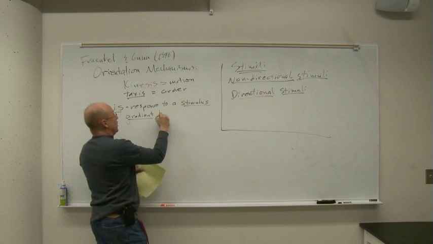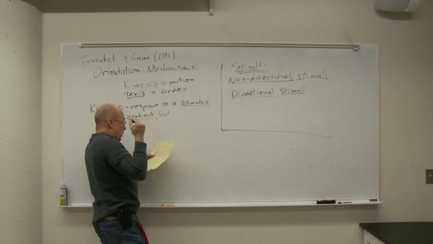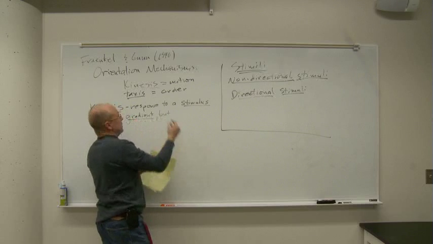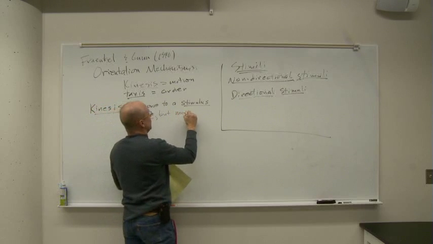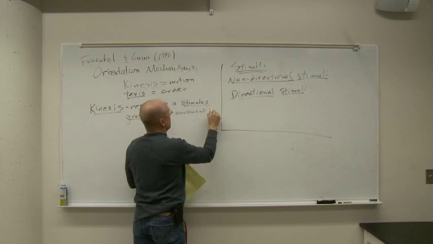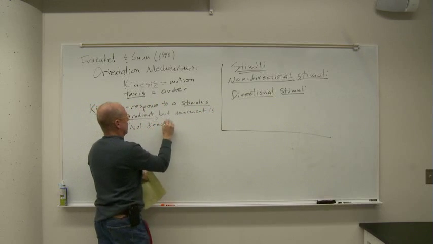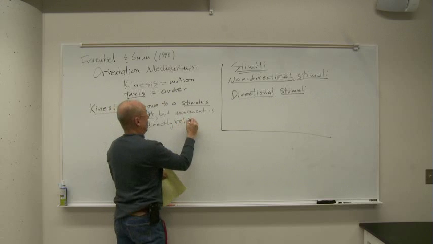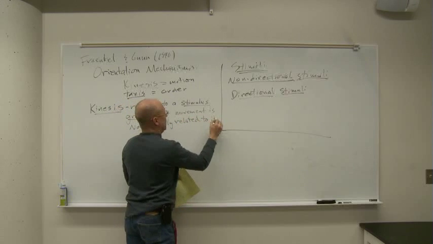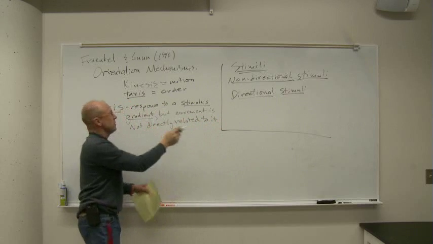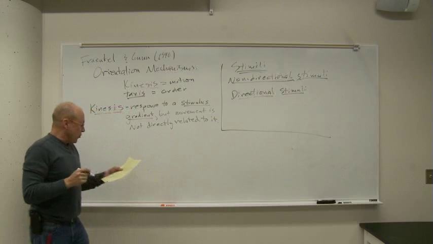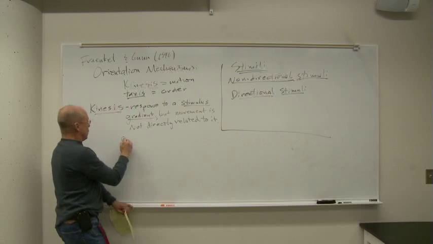And then importantly, the movement is not directly related to it. Of course, it is the stimulus gradient. So that's the first thing. Two different kinds that we're going to see.